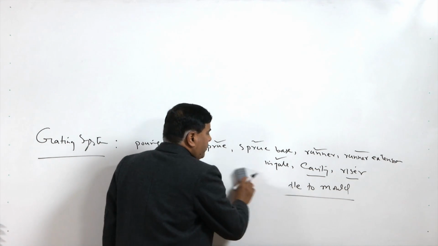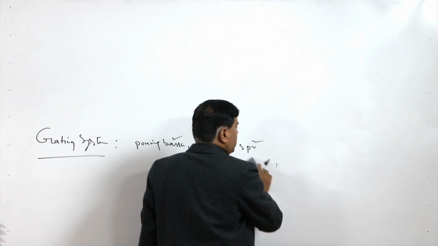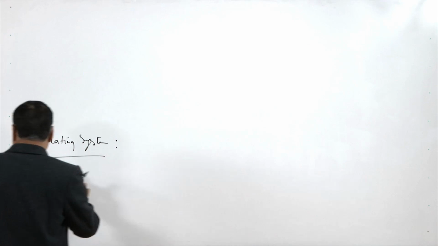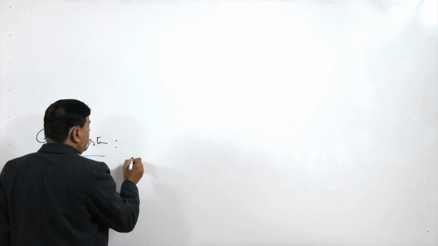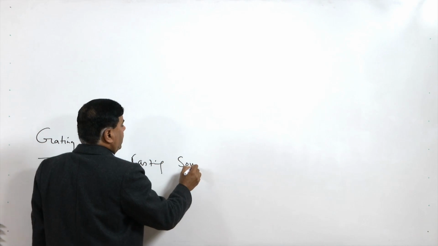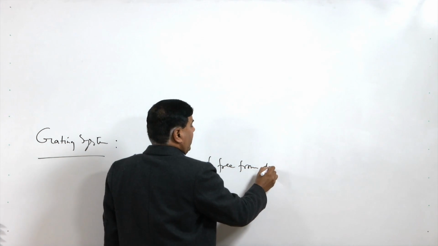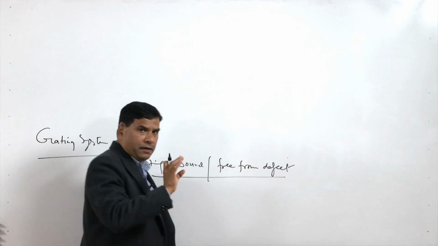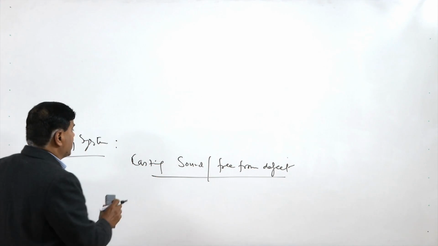But what we want is that this movement of the molten metal up to the mold cavity is in such a way that we get a casting which is sound or free from defects, and for this purpose a number of aspects are focused on while making the gating system.